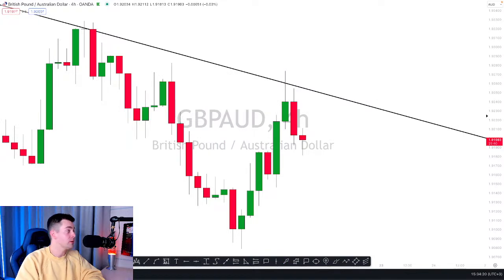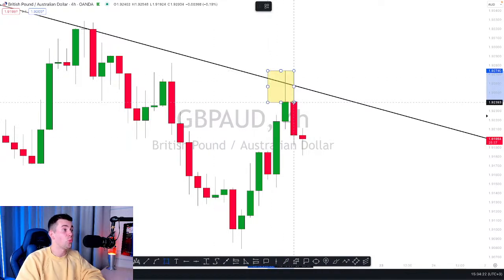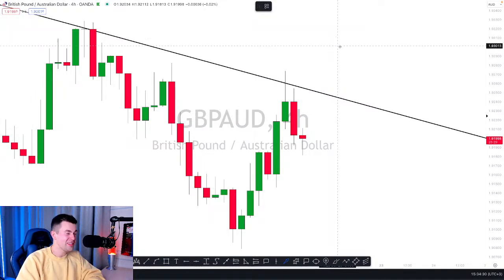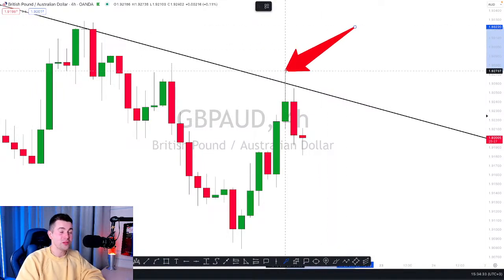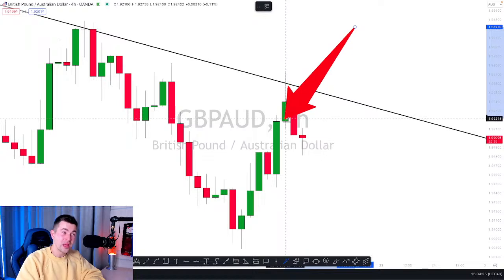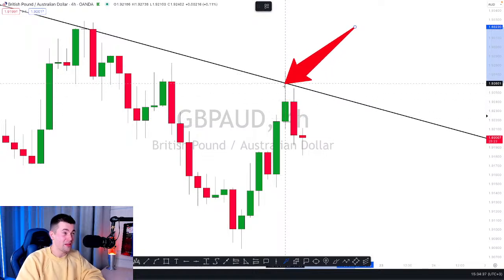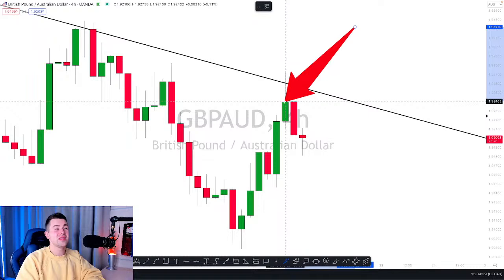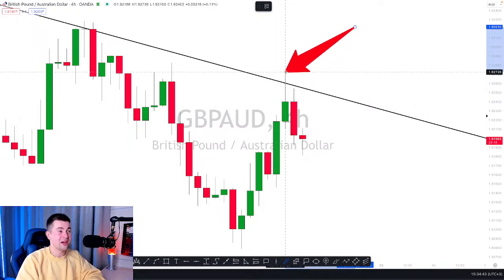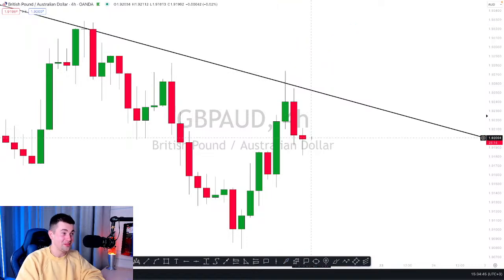And by the rejection, I mean, traders, that the wick of that candle was much bigger than the body of that candle. It simply signifies that once the market reached that level, we saw a very strong bearish pressure, and for that reason the candle closed much lower than the high of that candle.